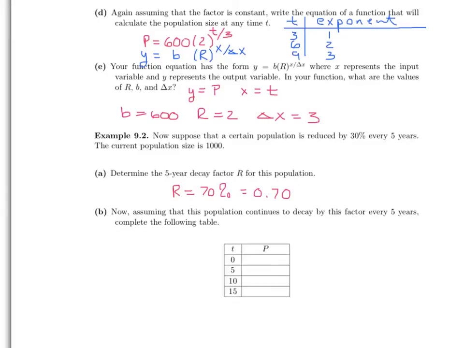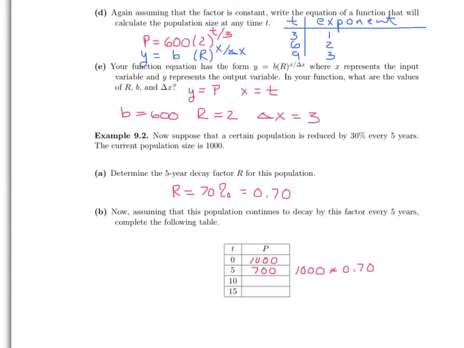Initially, the population size was 1,000, so we're starting with 1,000 individuals. 5 years later, we should have 70% of the population remaining. We calculate that by taking our 1,000 and multiplying that by our decay factor, 0.70, and that gives us 700 individuals. To calculate the population in year 10, we take 70% of the 700 individuals.